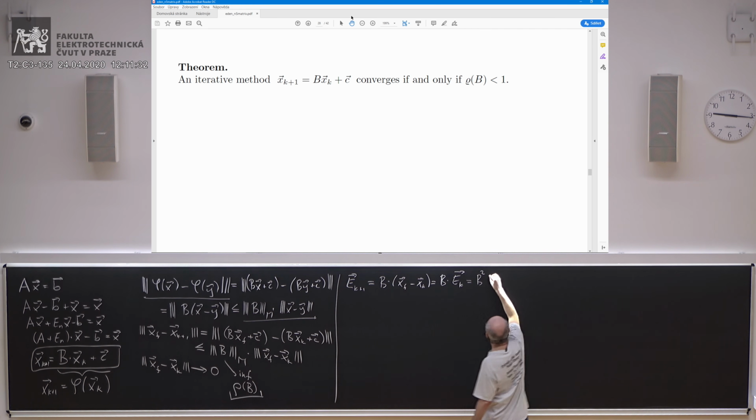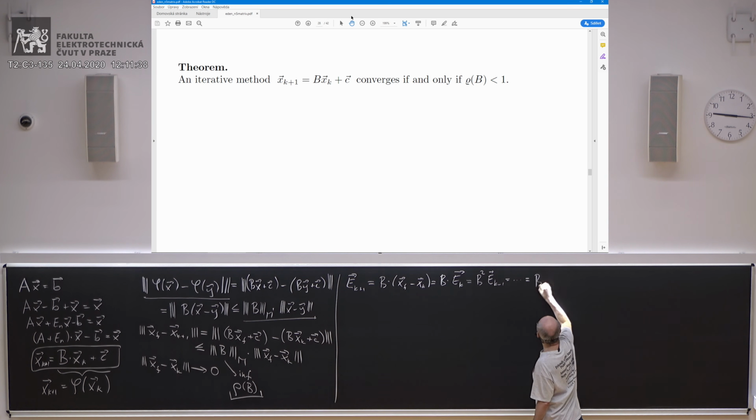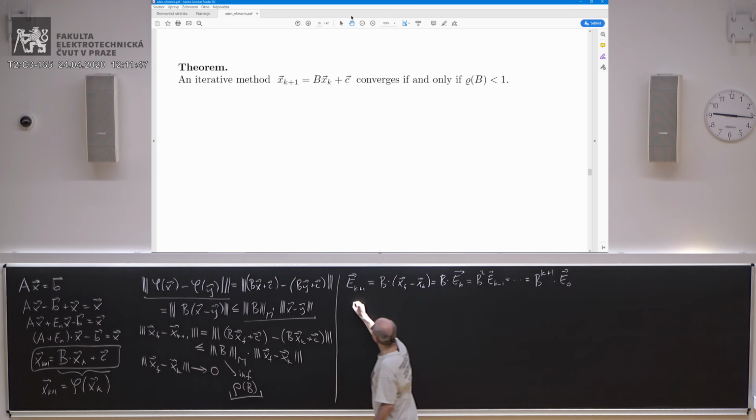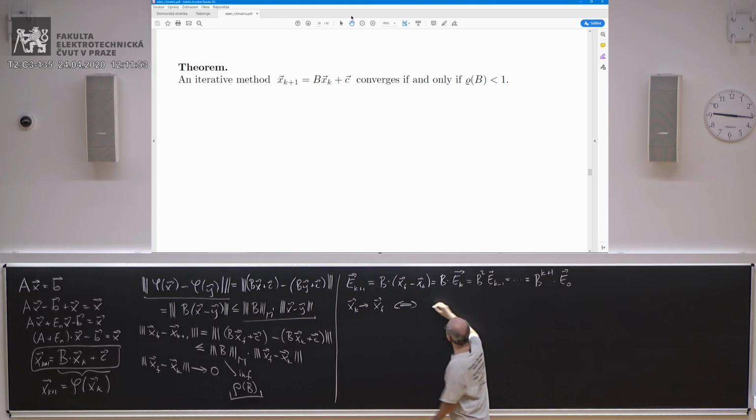This is B squared e_{k-1}, and so on, until I arrive at B to the power k plus 1 times the initial error. And this tells me that x_k converges to x_f if and only if the kth power of the matrix converges to 0 as a matrix.